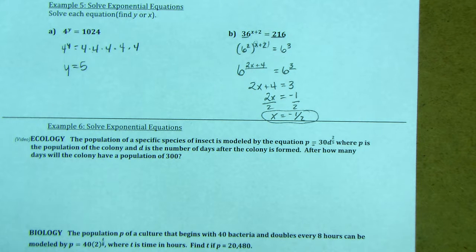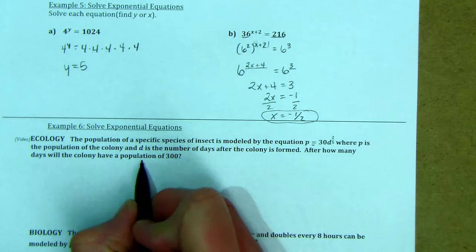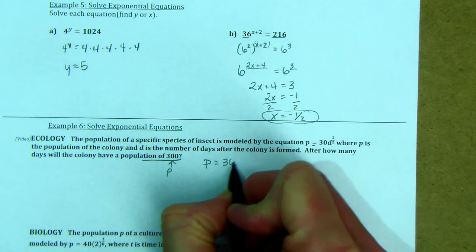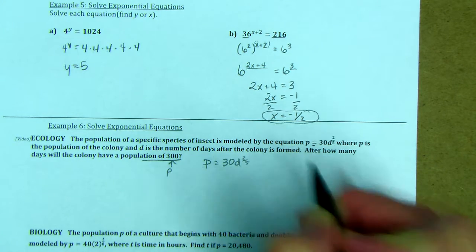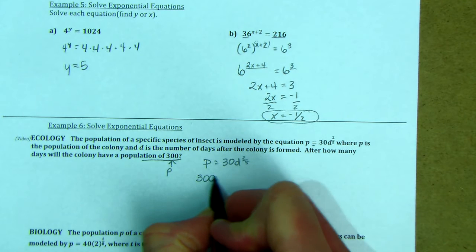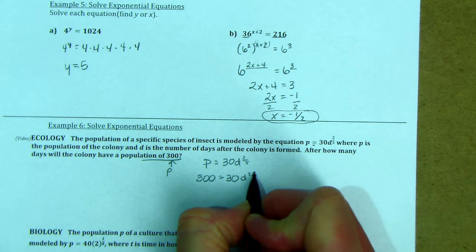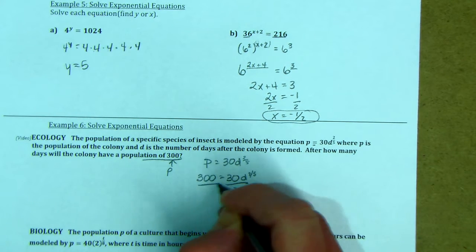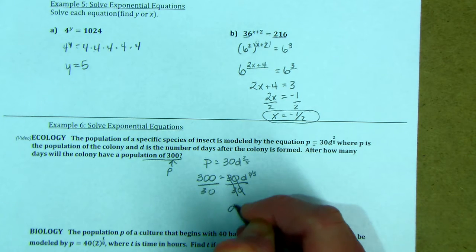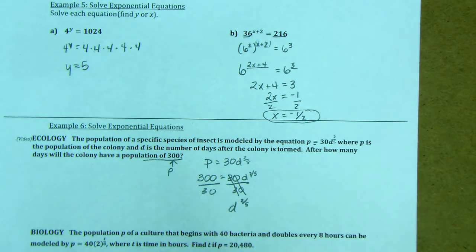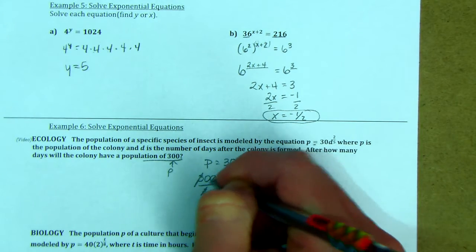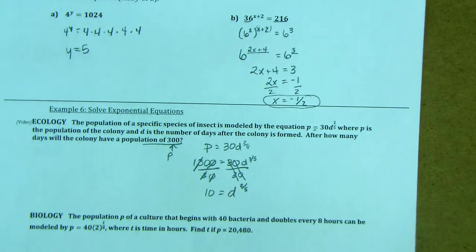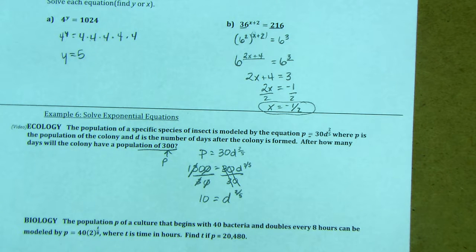So we're finding d, but they gave us p. So I'm going to take that equation, p equals 30d to the 2/5 power, and p is 300. First thing I'm going to do is divide by 30. So I get d to the 2/5 power is 10. Okay, now, this is a little goofy, but I want to know what d is.